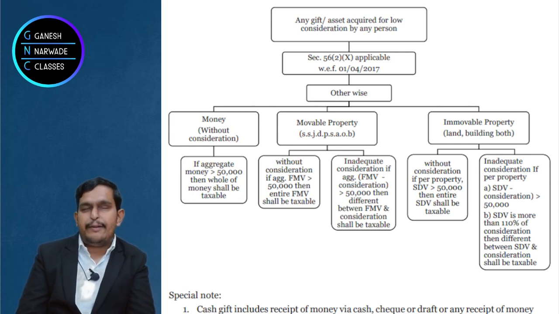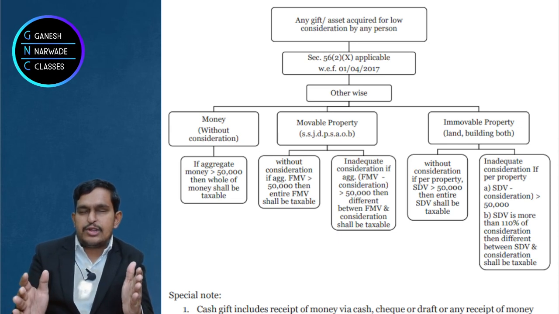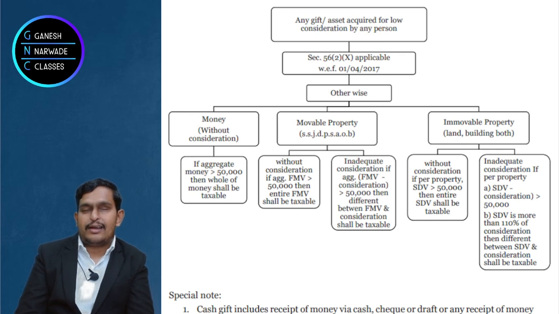Now, what is the fair market value? As he said, 1,50,000. What is the actual consideration, or inadequate consideration? 50,000 rupees. Now compare 1,50,000 with 50,000. Tell me what happened. Sir, the difference is 1 lakh.